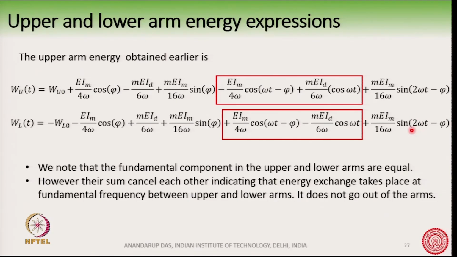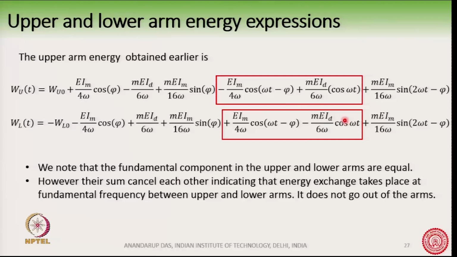Now, if you add the upper arm energy and the lower arm energy, that is, if you add WU and WL, then something interesting happens. When you add these two, the fundamental component vanishes. You can see here these are the two fundamental components which I have written. The energy expressions have some constant term, some fundamental term, and some second harmonic component.